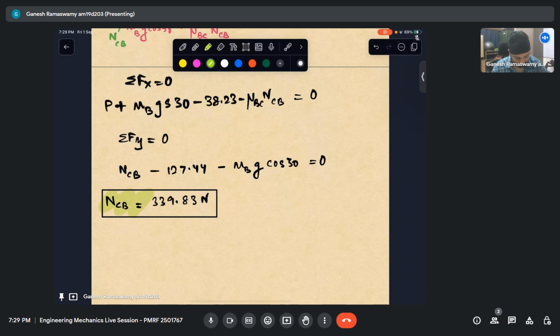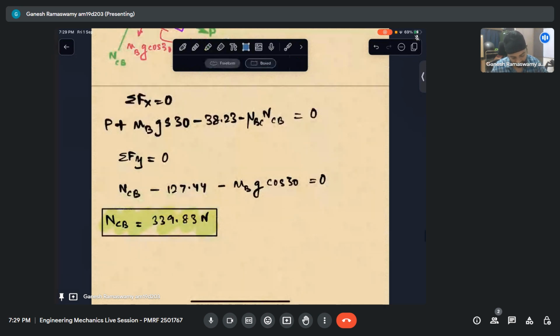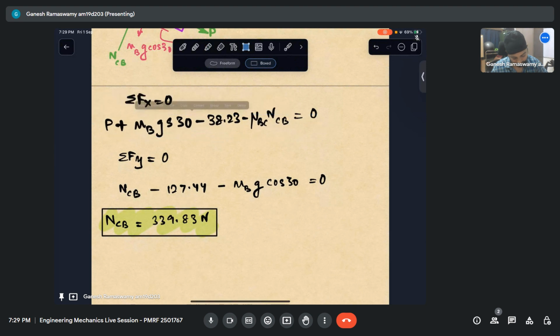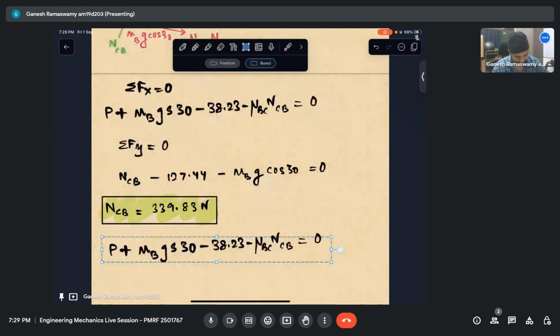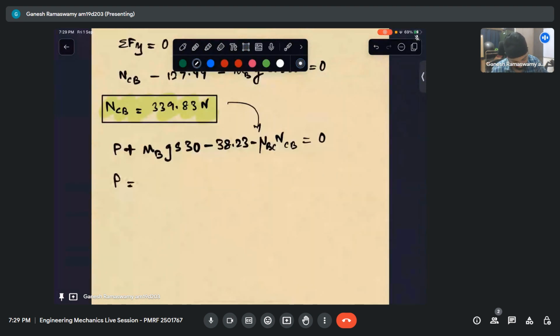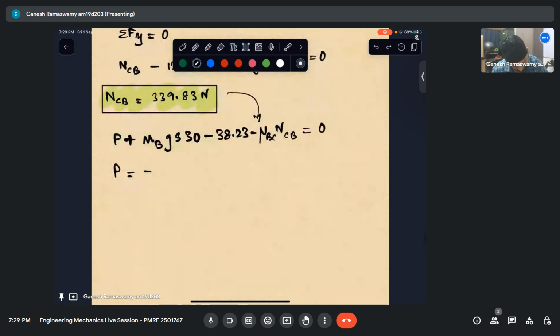Now we can plug that here. Plugging that here, we can calculate P as minus 25g sine 30 plus 38.23 plus 0.3 into 339.83.